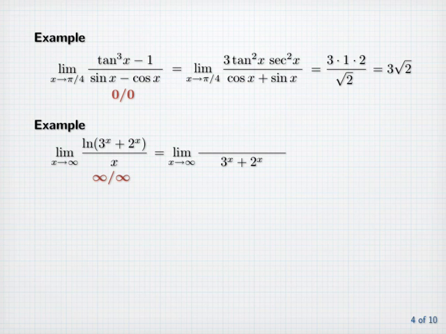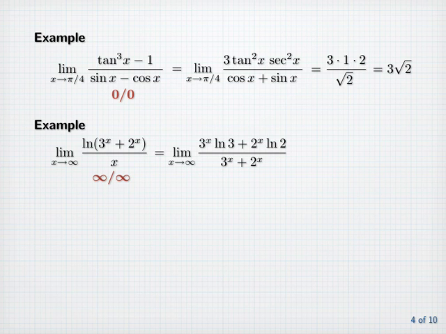Now recall that we differentiate 3 to the x and 2 to the x in more or less the same way that we differentiate e to the x, except that we pick up factors of natural log 3 and natural log 2. In other words, the derivative is going to be 3 to the x times natural log of 3 plus 2 to the x times natural log of 2. Now this is still an infinity over infinity limit, but we can handle this in a simpler way than using L'Hopital's rule.